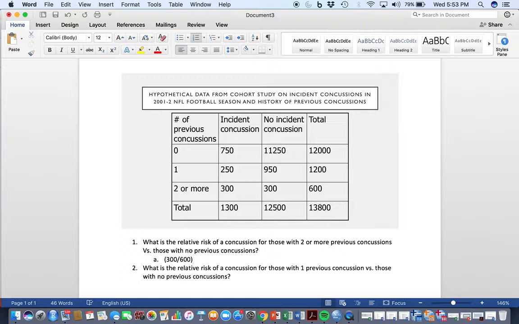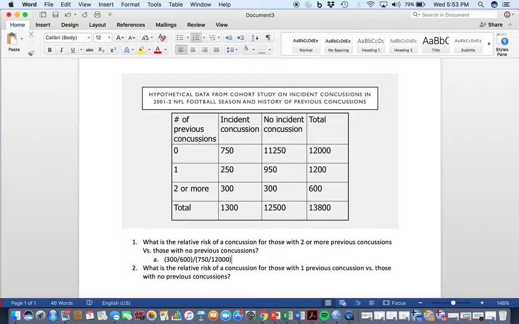And let's divide that by the incidence in the non-exposed, or my referent group. For this one, it's those that have never had a concussion before. So what is the incidence of concussion for this 2001-2002 season for that group? That is 750 over 12,000.